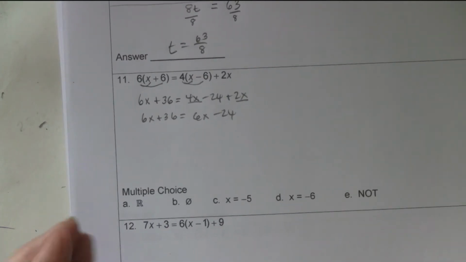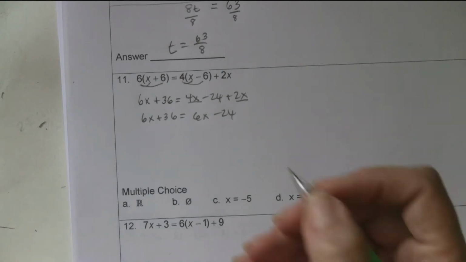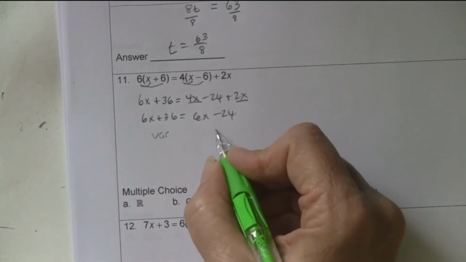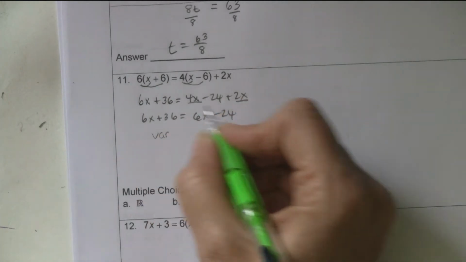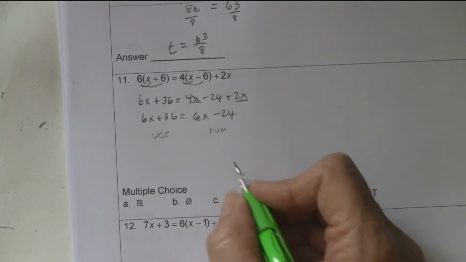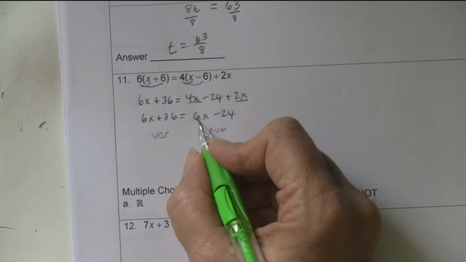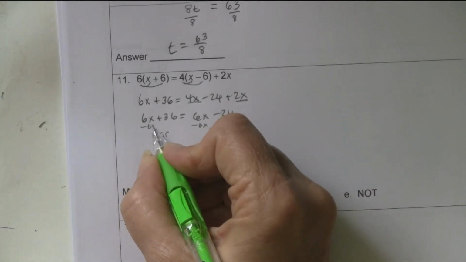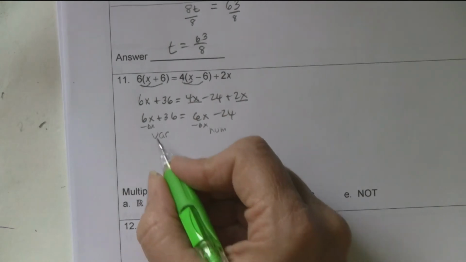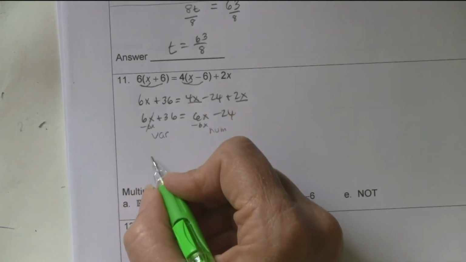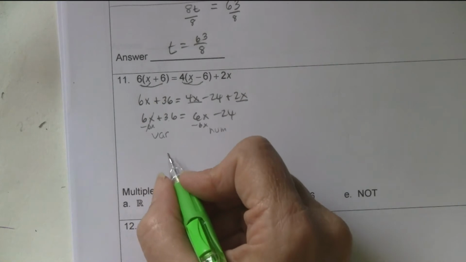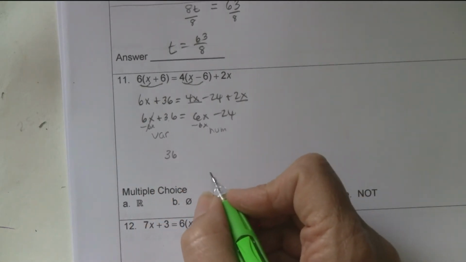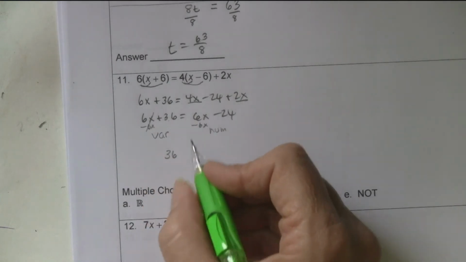If I'm trying to get the variable on one side and the numbers on the other, say this side over here is where I'm going to put the variables, and this side over here is where I'm going to put the numbers, I would have written that above it, but I didn't have room. You can see that 6x shouldn't be over here, so when I take it away from both sides to get the variables together, I don't get a variable. That's 0, and 0 plus 36 is 36.